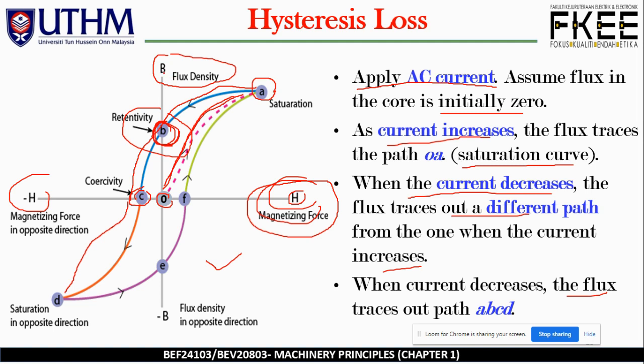This means to zeroize the flux density. So we should have this coercivity, where the magnetizing force is at its minimum value, or even a negative value. Only then can we reduce the flux density down to zero. So this point.